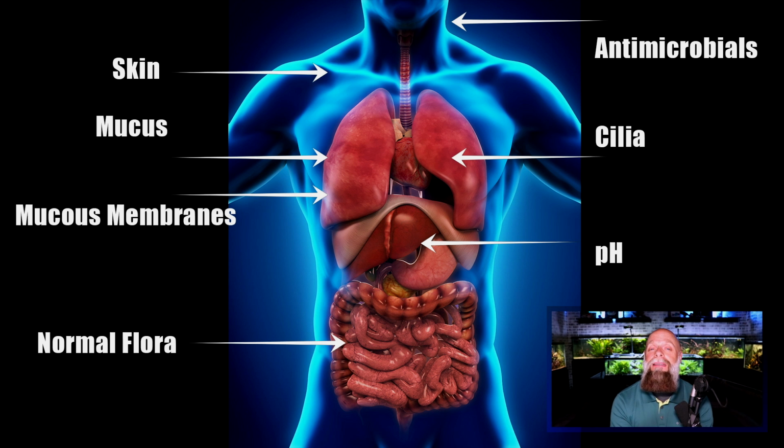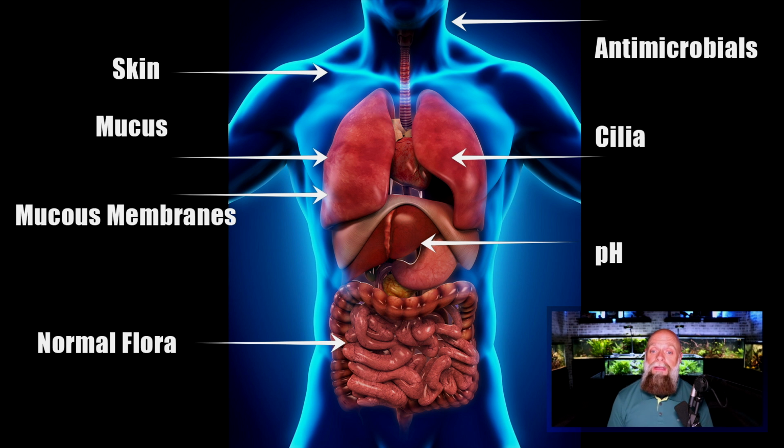The skin is by far the best barrier that we have to prevent infection. In fact, intact skin is very difficult to penetrate, especially when it comes to bacteria and viruses. Yes, there are some protozoans that can sneak their way through hair follicles and things like that, but intact skin is an amazing barrier, and we'll talk about why in a second.